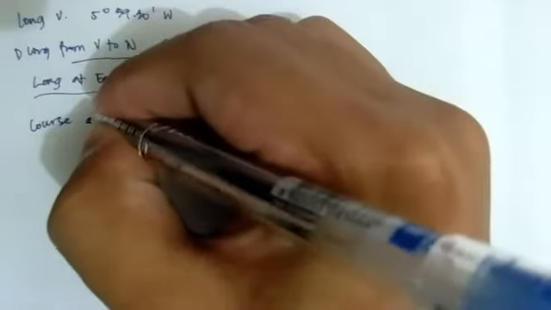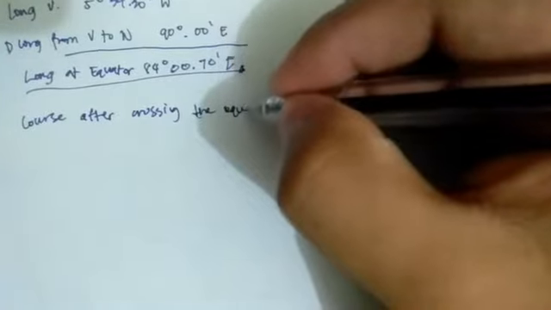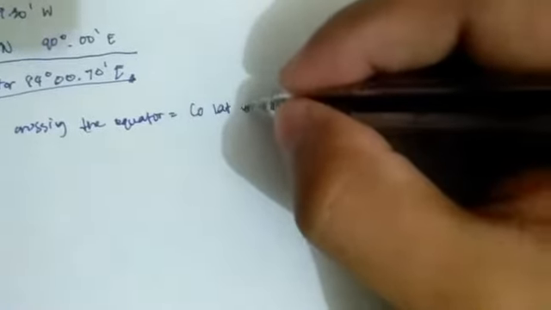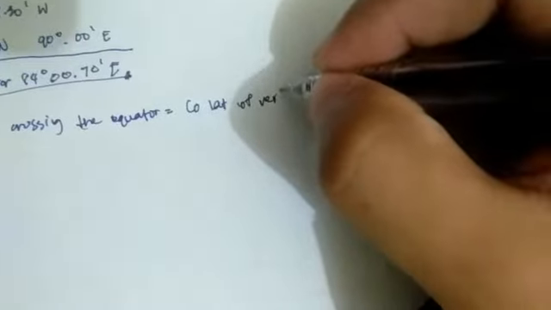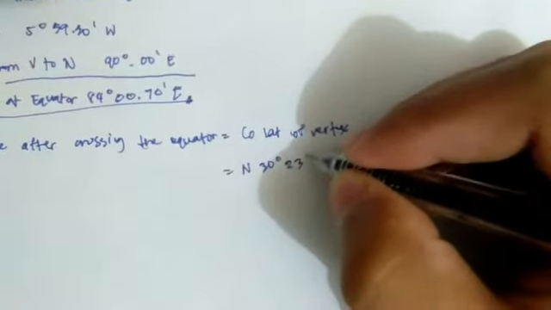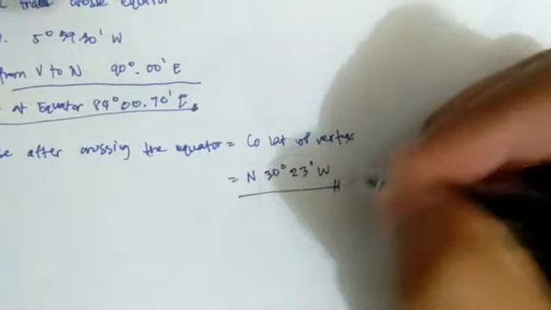And so the course after crossing the equator is equal to the latitude of vertex, and that is north 30 degrees and 23 minutes west.